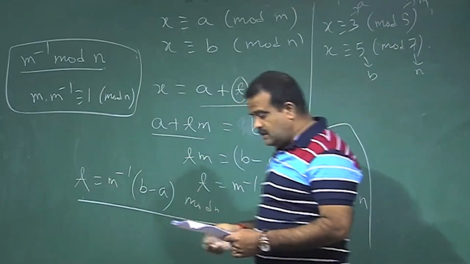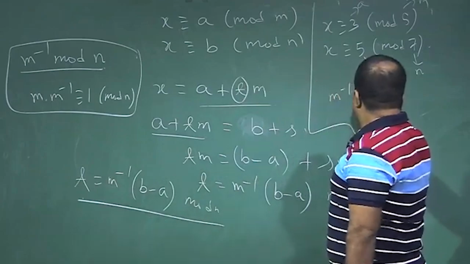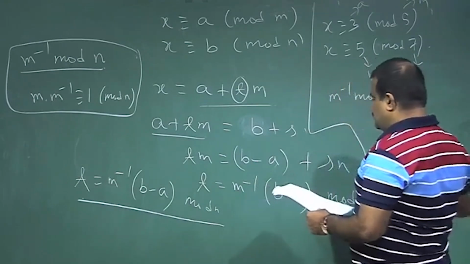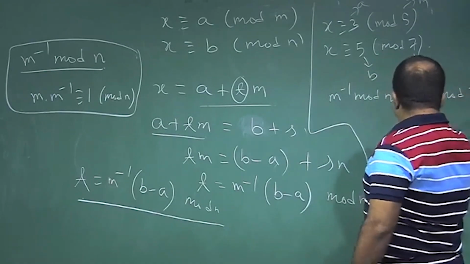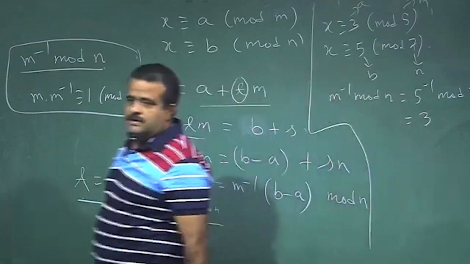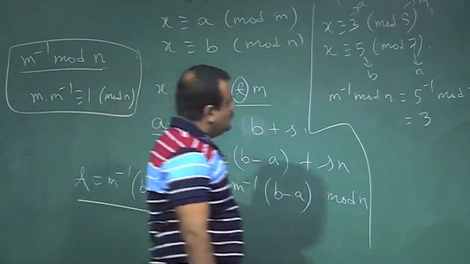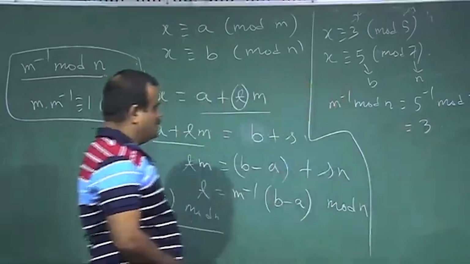Now the question is how we can get the solution. So, what is m inverse mod n? m is 5, so 5 inverse mod 7. 5 inverse mod 7 is basically 3, because 3 into 5 is 15, and 15 mod 7 is 1.